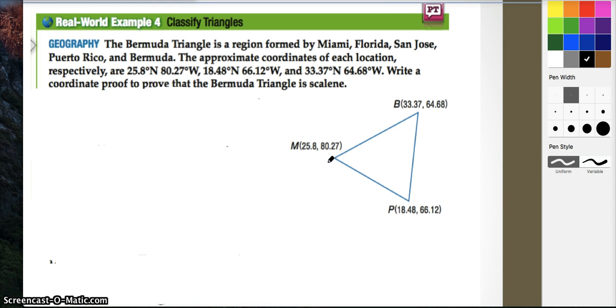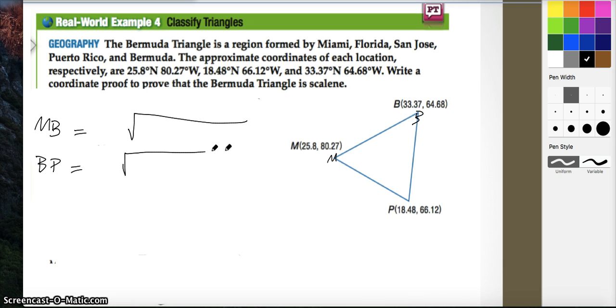We would take each of the segments, MB, and find the distance from one point to another. Yep, we're pulling out the distance formula again. BP, we would use the distance formula to find the distance from B to P, and then finally MP, we would find the distance from M to P.